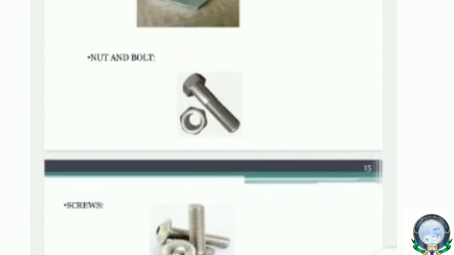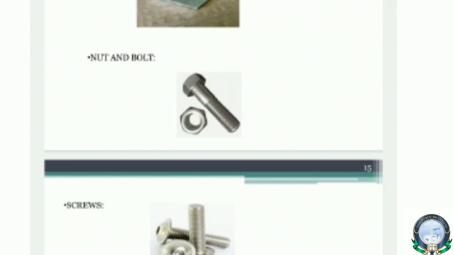Then we have nut and bolt. A nut is a type of fastener with threaded hole. The nuts are almost always used in conjunction with a mating bolt to fasten multiple parts together.